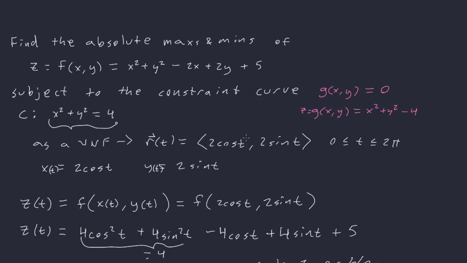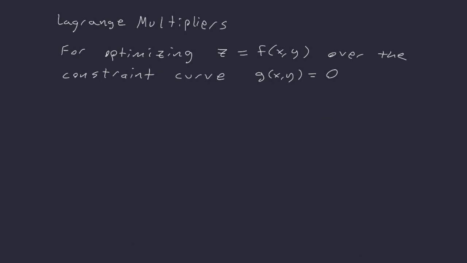It's called the Lagrange Multiplier method, and it's for solving the same type of problem. It's for optimizing z equals f of xy over the constraint curve g of xy equals 0.